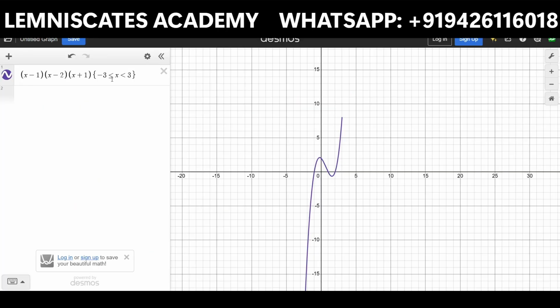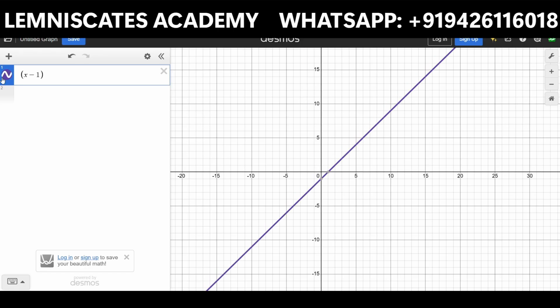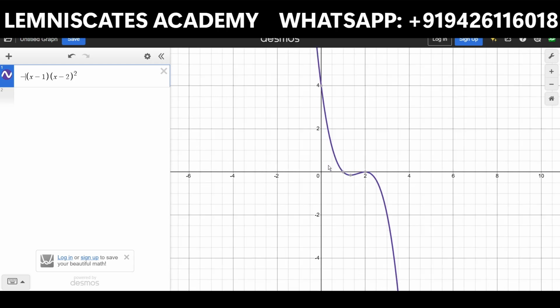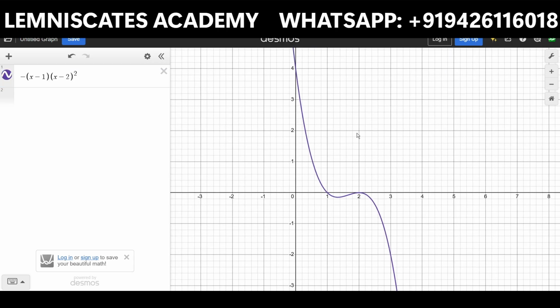But right now, let's just suppose that that kind of thing we are not doing, and let me just write x minus 1, x minus 2, the whole square, and there is a negative sign outside. So as I told you, this is how the graph is looking like.